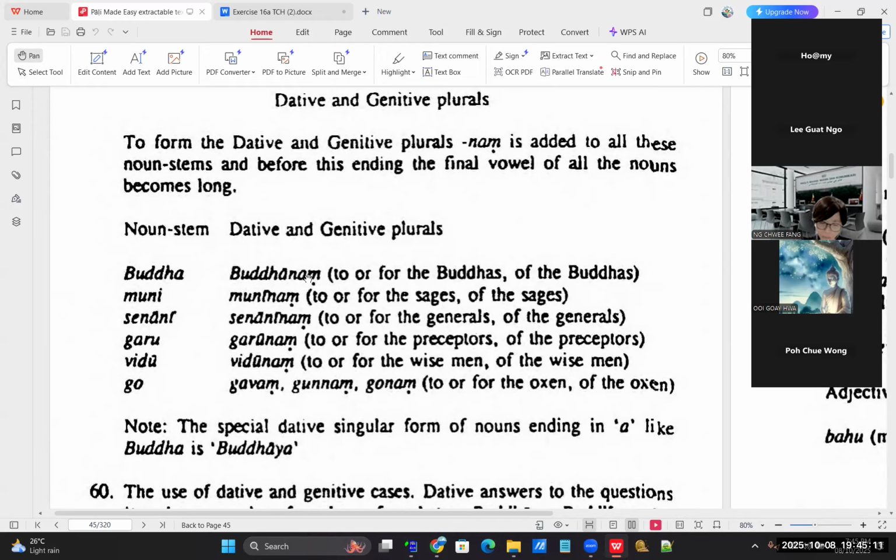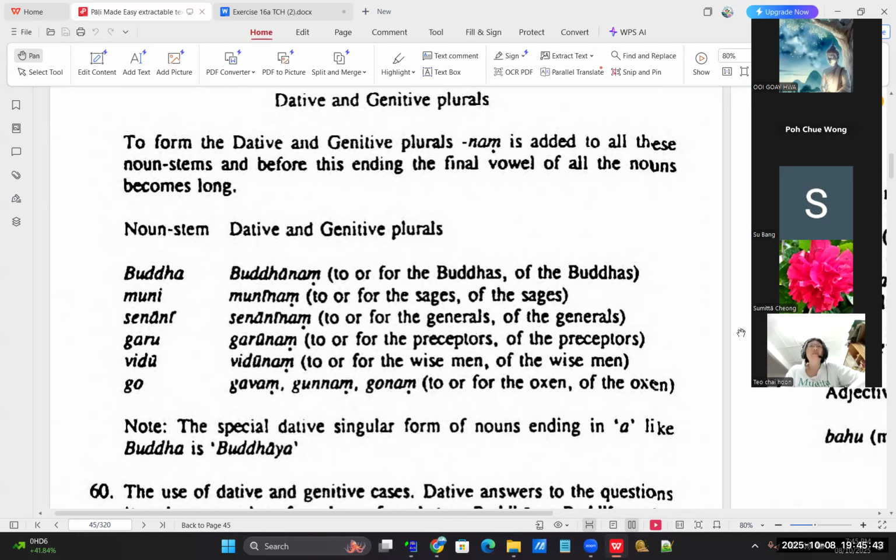So when you see the nam, it will be dative, genitive, plural, with the a becoming long a, muni i becoming long i, senani already long i, so it's senani. Garu is short u, you become long u, garunam. Right? So very simple. Nam with the final a, final i, final u all become long. So new students should remember this characteristic.